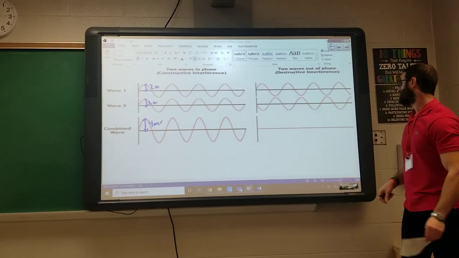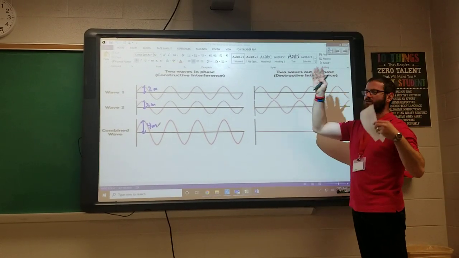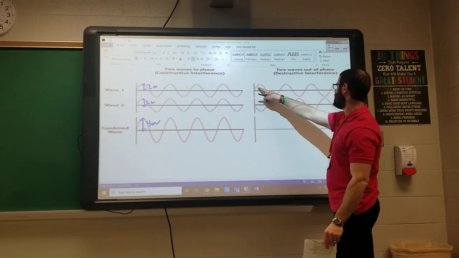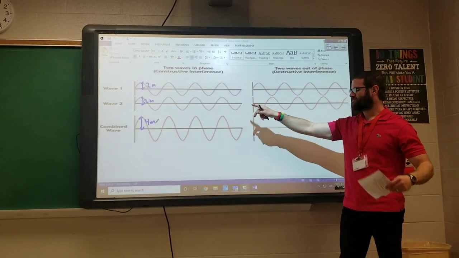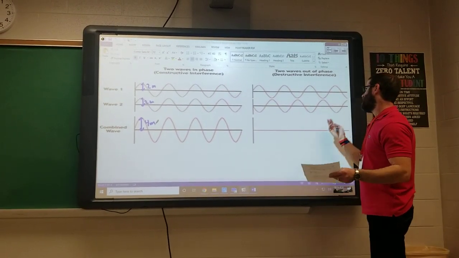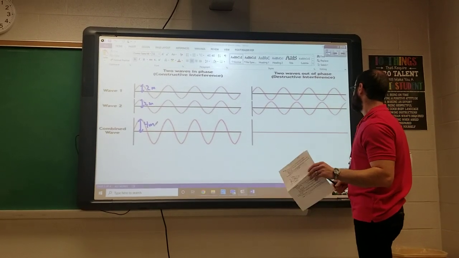Destructive interference: the waves are what we would call out of phase, which means that where I have a peak on one wave, I have a trough on the other wave that cancels the peak out. This would be totally destructive interference.